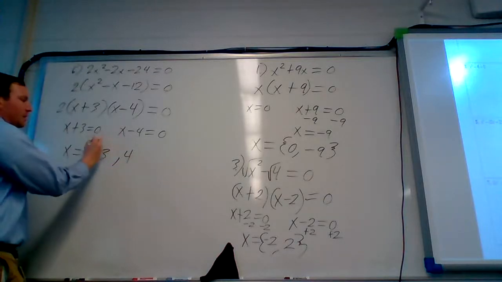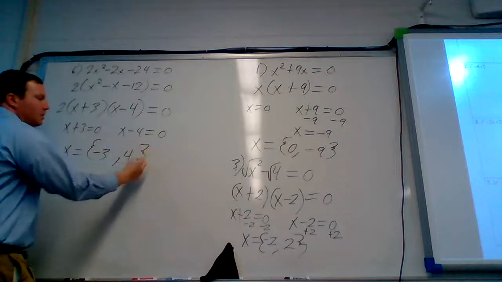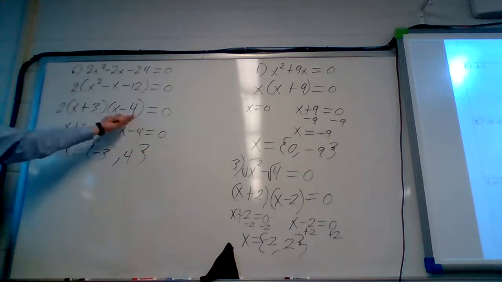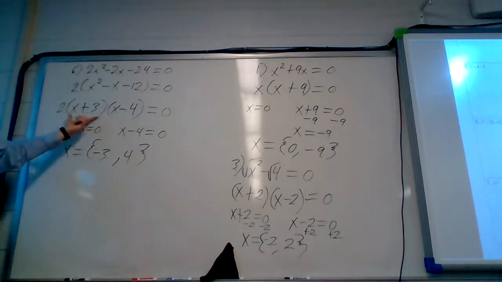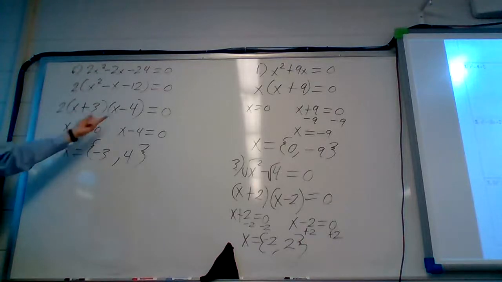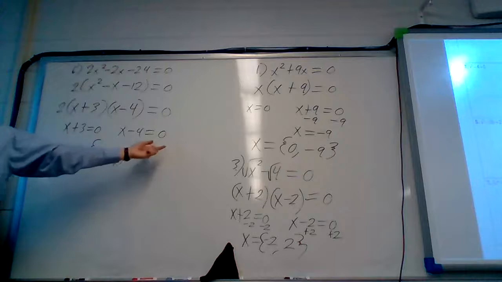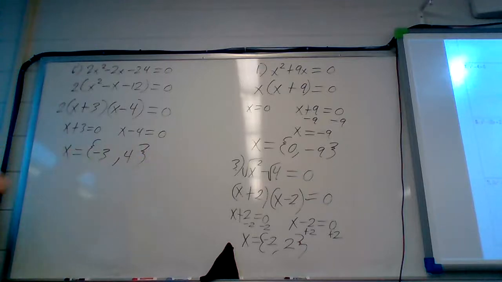So what's a little shortcut that we can do? The opposite of the number. Whenever you take that binomial and set it equal to 0, we're just changing the sign by moving it over, right? So we can skip this step once you recognize that.